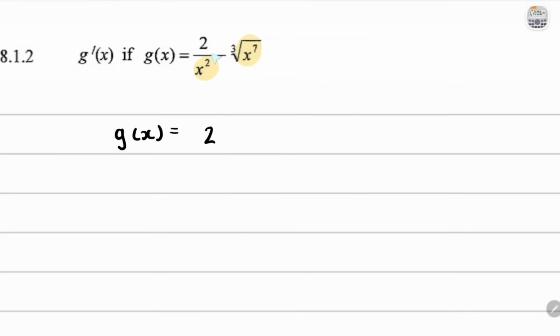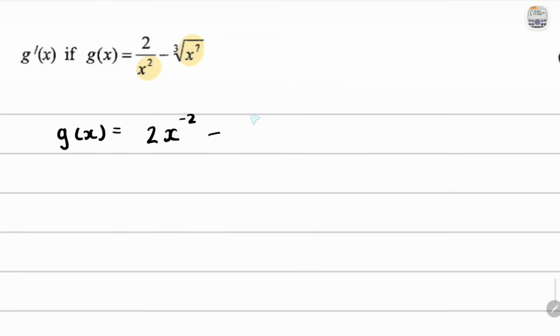So the 2 stays there because there's nothing wrong with it. And x comes to the numerator, but the exponent will become negative because of this. And then we have minus, and we can rewrite this as x. And instead of leaving this as a surd, we will take the inside exponent and put it over the outside exponent. So that's going to be 7 over 3.